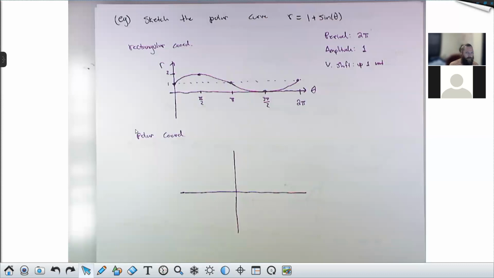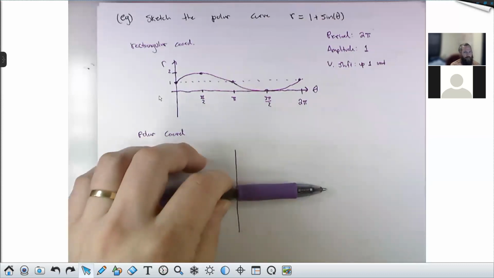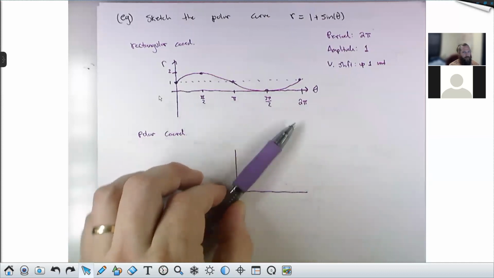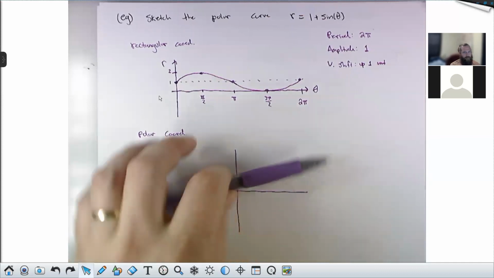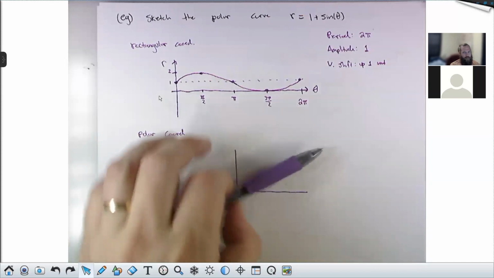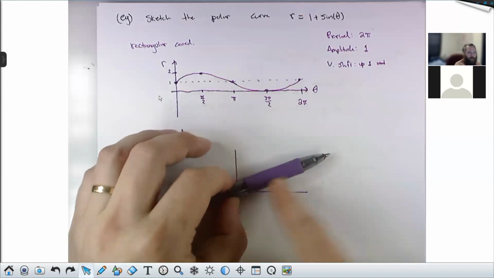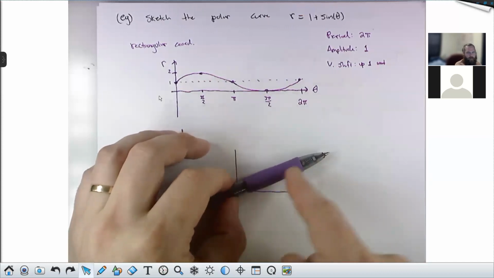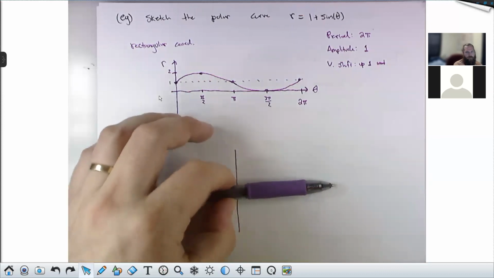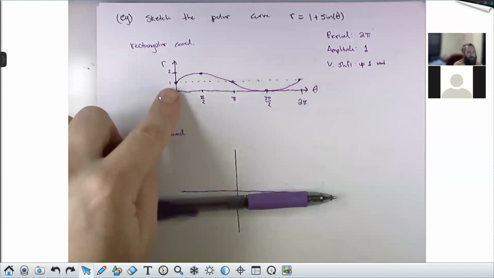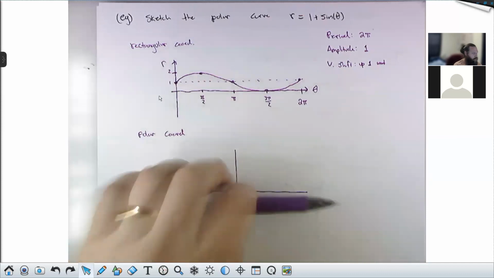The way we get the polar graph from the rectangular graph is by thinking about a little arm rotating around. This angle is your theta, and how far out you're marking along the arm is your r. So we see from the rectangular graph that when theta is 0, r is 1.